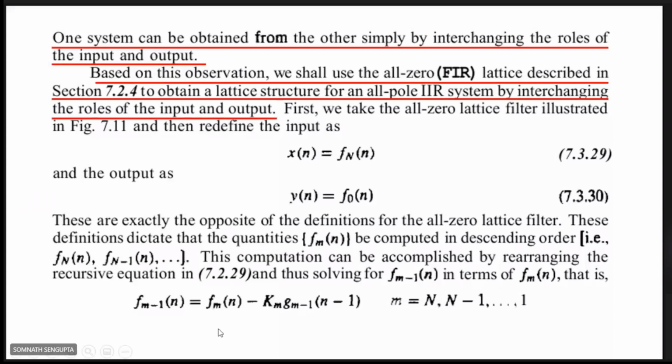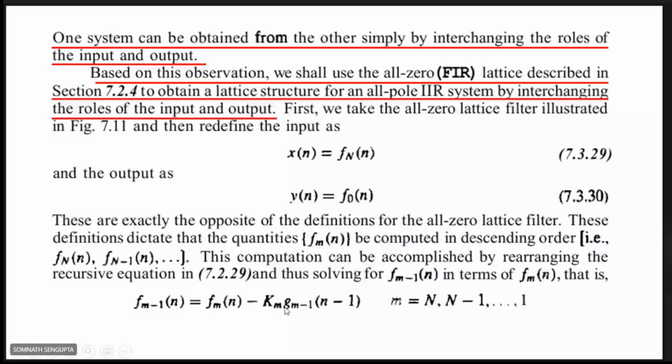So you can write that f_{m-1}(n) is equal to f_m(n) minus k_m g_{m-1}(n minus 1).